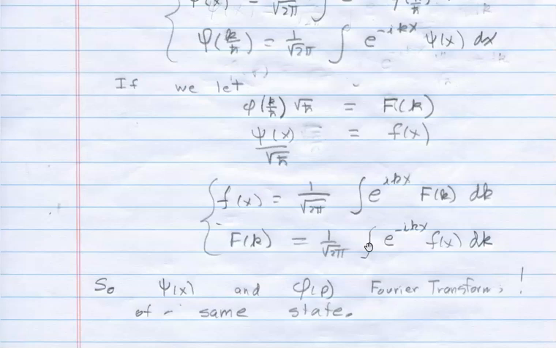One in terms of its momentum components, and the other in terms of its position components. That leads us to psi of x, the wave function, as it's called, and the momentum wave function. They have exactly the same amount of information in them. They're just expanding the state function on different bases.